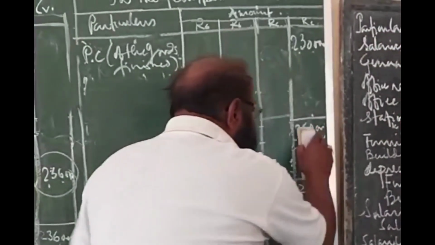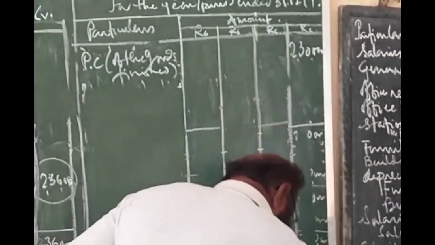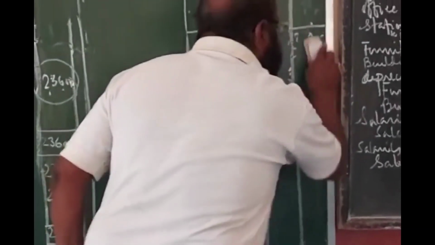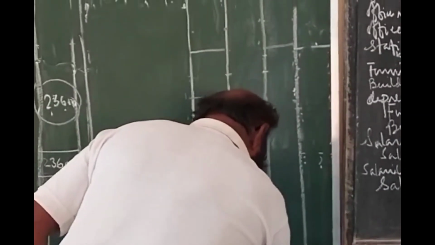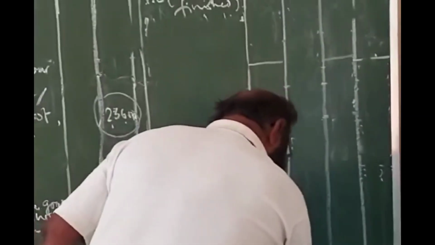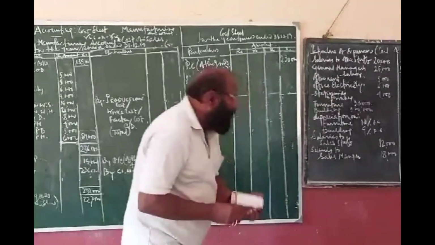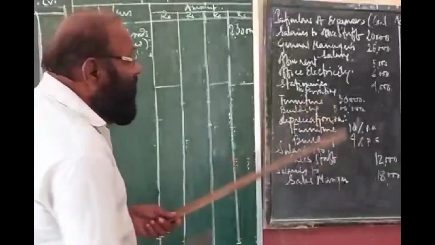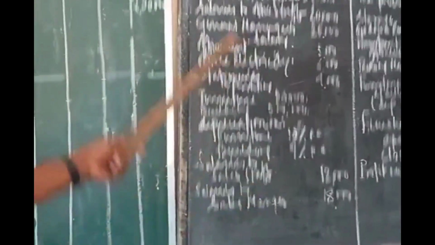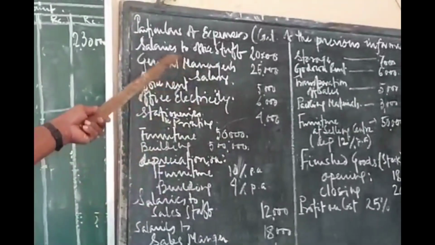So friends, now see the particulars given. Here I am classifying what type of expenditure, which expense should go where.